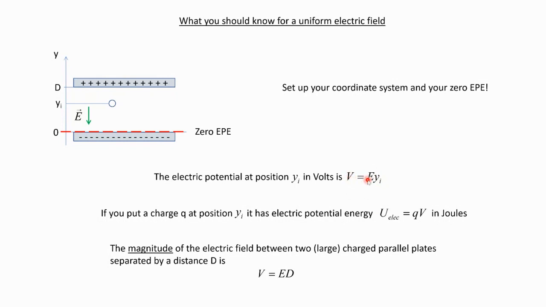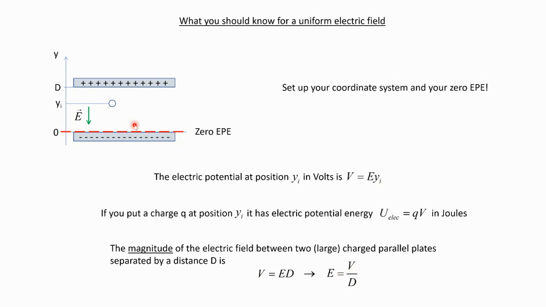Voltage is the electric field times the distance, right? If I put the 0 voltage down here, then the upper plate is at voltage V. So the electric field has a magnitude V divided by D. And that's uniform everywhere in between.